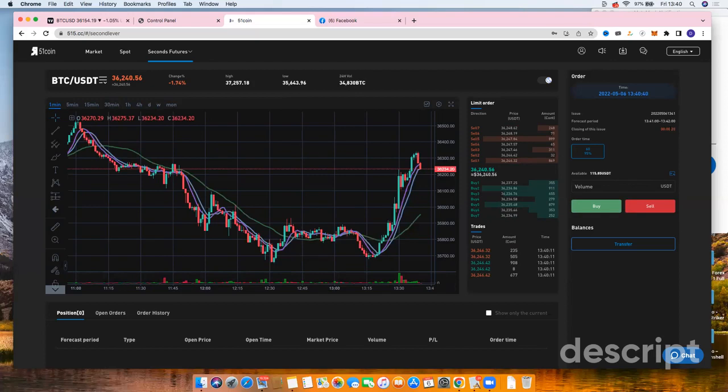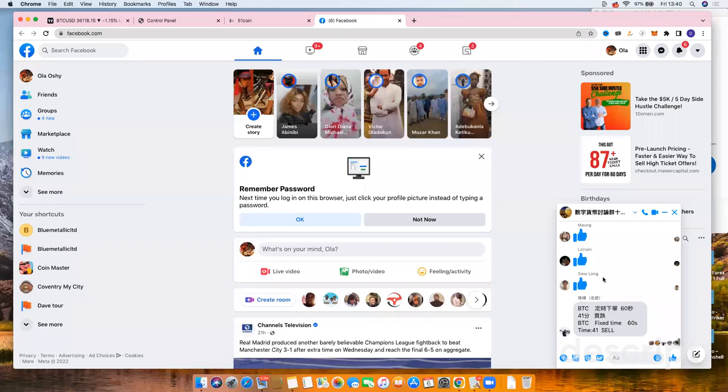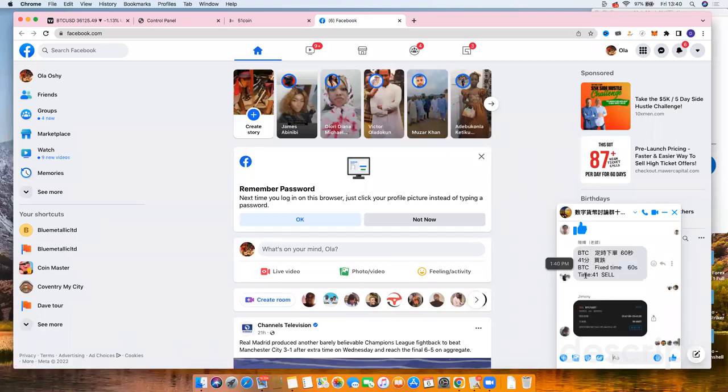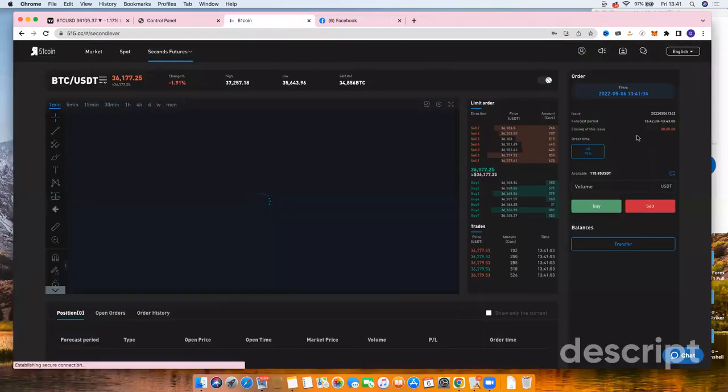So this would finish very soon, and our 41 forecast period, 1341, would start. That's 1341 to 1342. I told you to pay cognizance to the forecast period. So that is what we got here. We got the forecast period for time 1341 sell. So the forecast period now has changed.